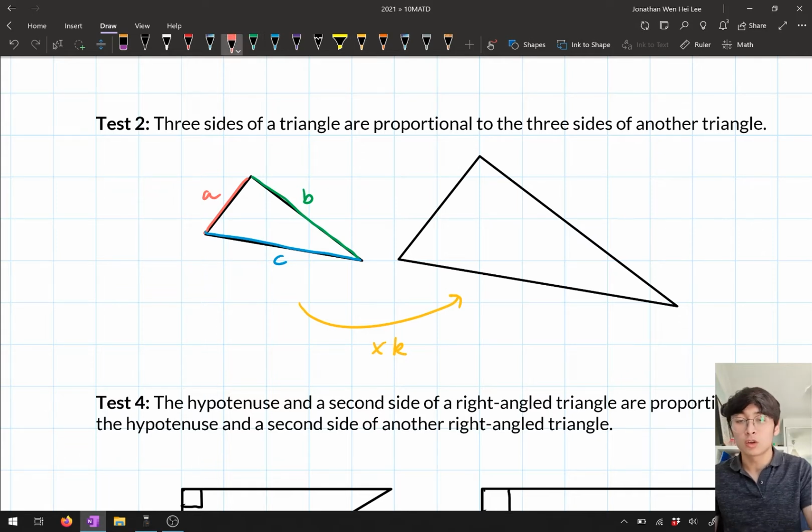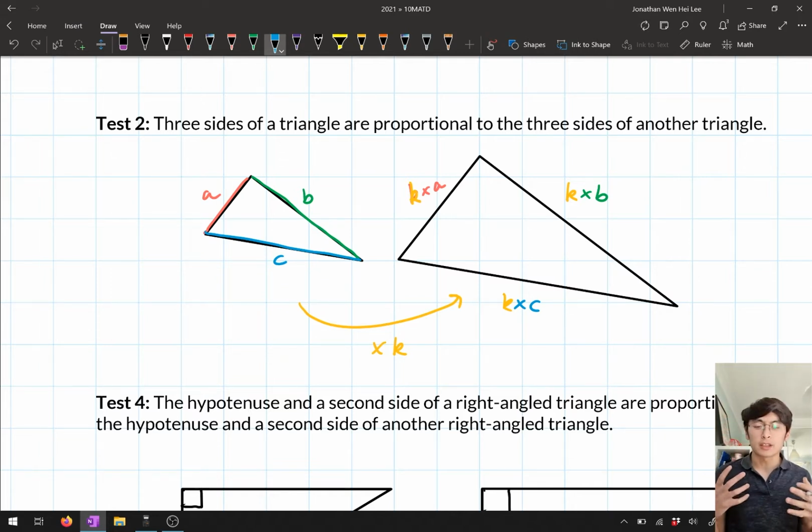This side over here, in order to be consistent and proportional to the other one, needs to be K times A. For the green side, it had to be K times B long. And this last one has to be K times C long. So if the 3 sides of the triangle are proportional to the 3 sides of another, so it keeps that consistent ratio, that means they are similar.